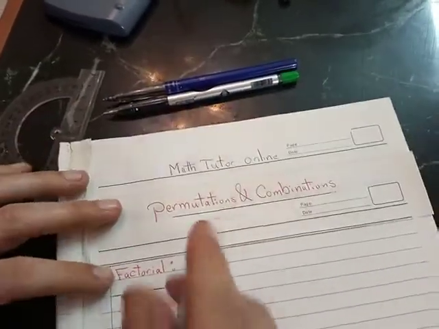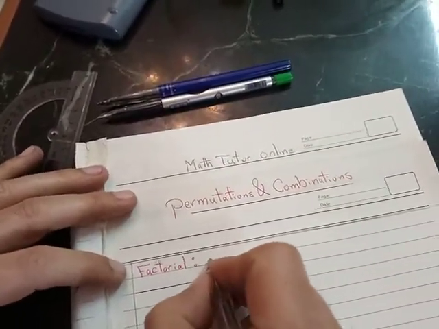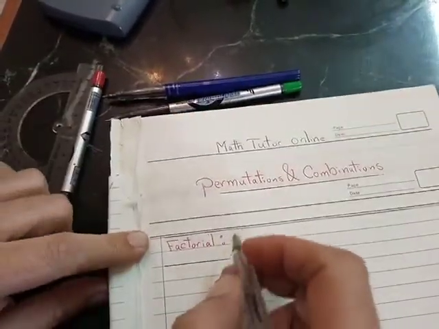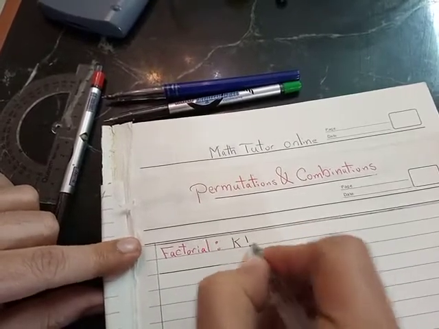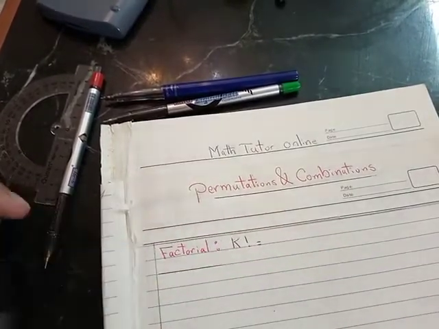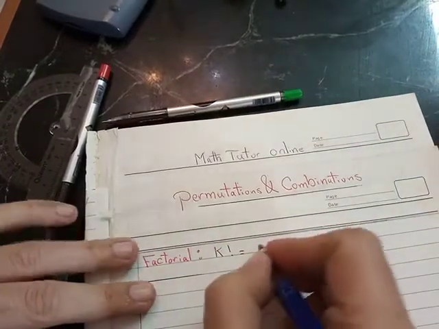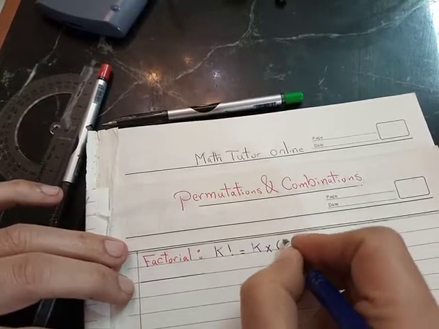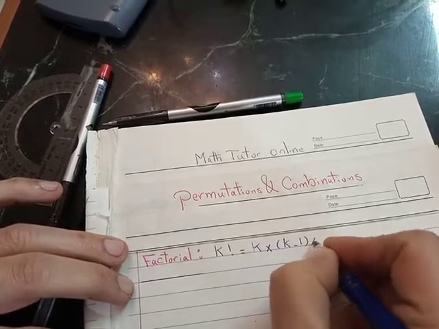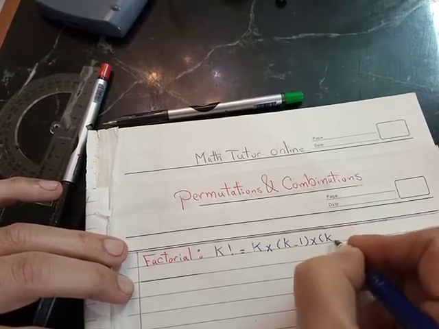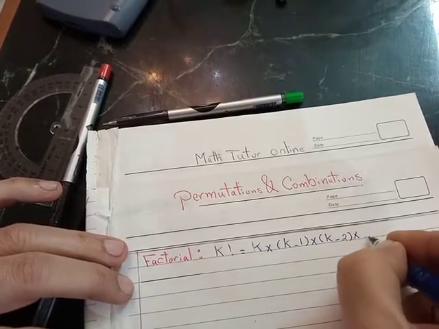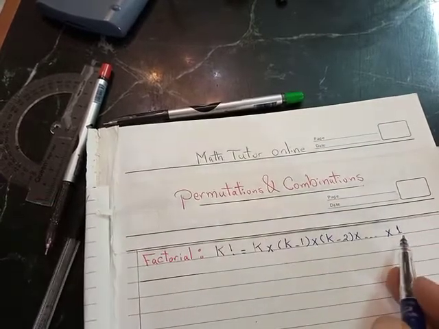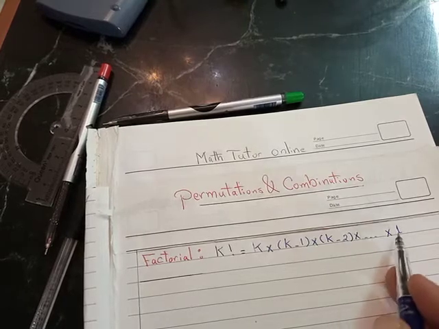So, for example, the general rule says the factorial of a number, let's say k, k factorial, equals the number k itself times the number k minus 1 times the number k minus 2 and so on until you reach times 1. This is the smallest number we can reach in this multiplication, and it is 1, not 0.